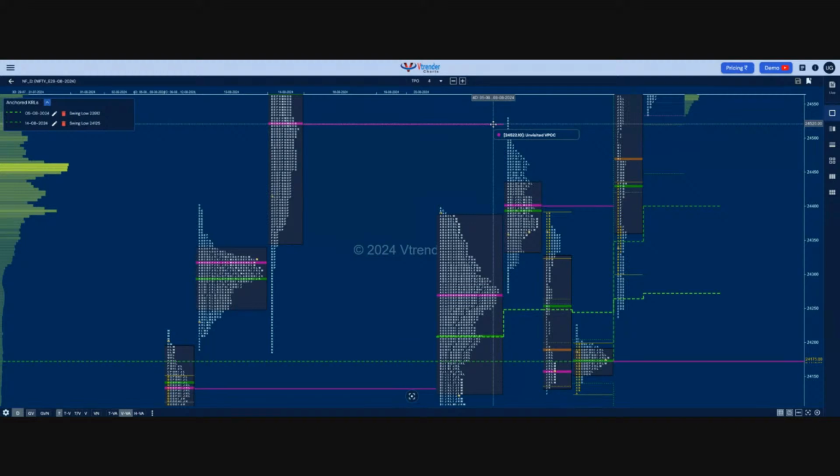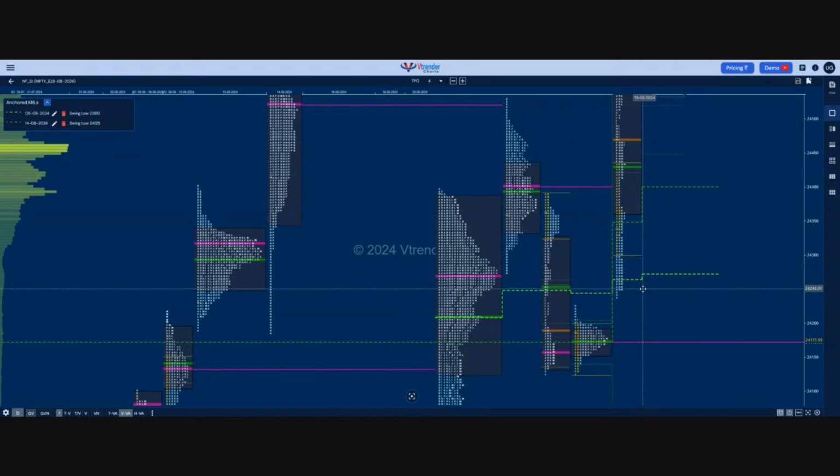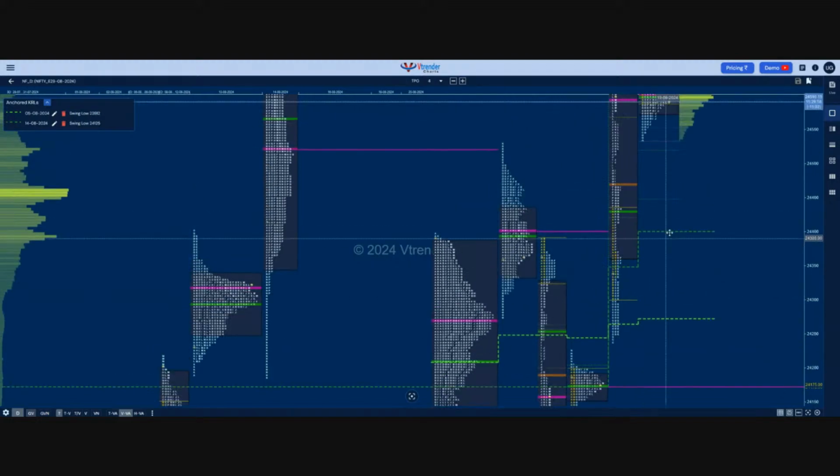And here we got rejected. We then made a trending move lower. We made similar lows here. This is a swing low which we left on Wednesday, and from here we had this neutral extreme profile on Friday, where we closed at the highs. So we left a new swing low and we left a neutral extreme profile.